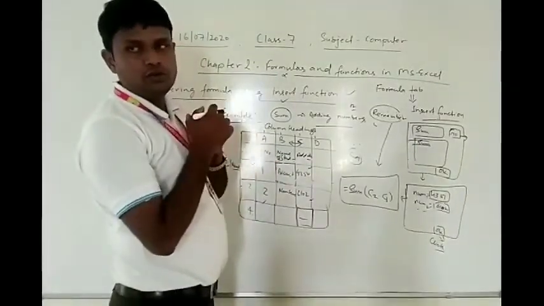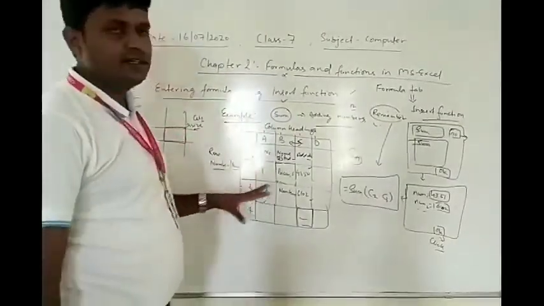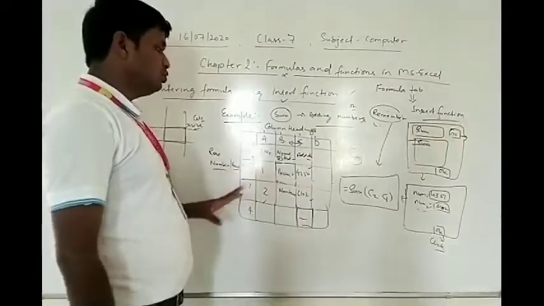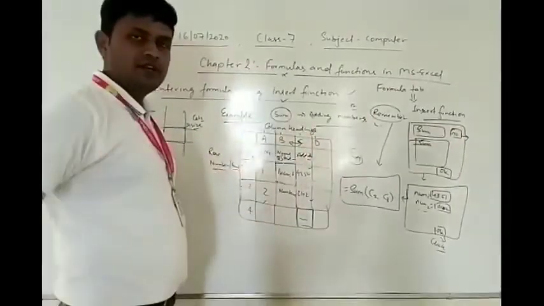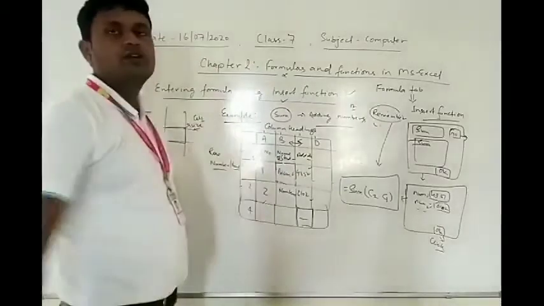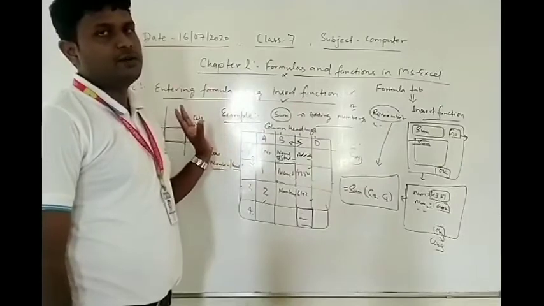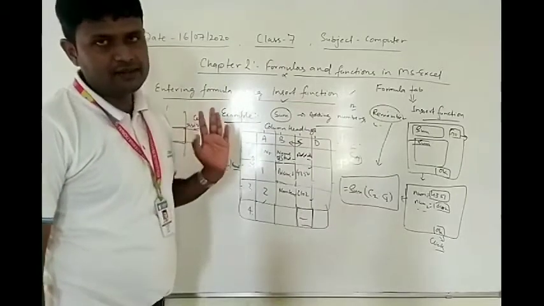Where do you do it? When you practice it, then you will be able to increase the width of the column and the height of the row. And when you do not do it, then you will never understand Excel. So everyone understand?